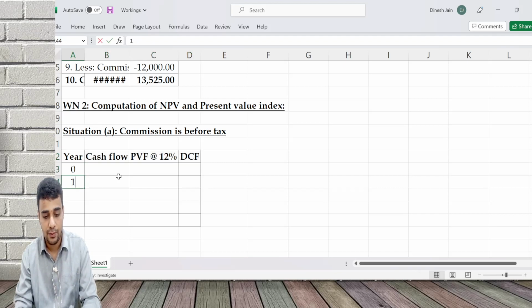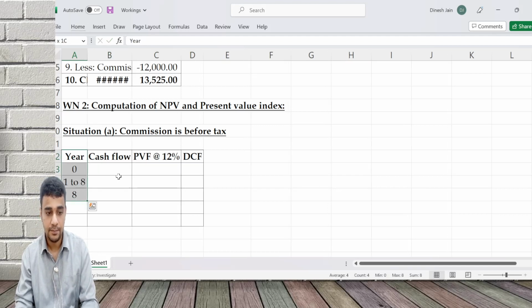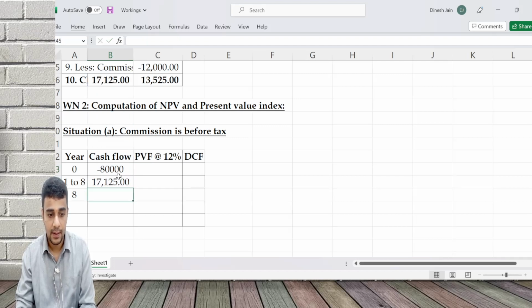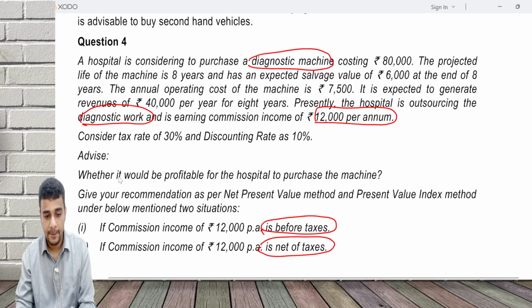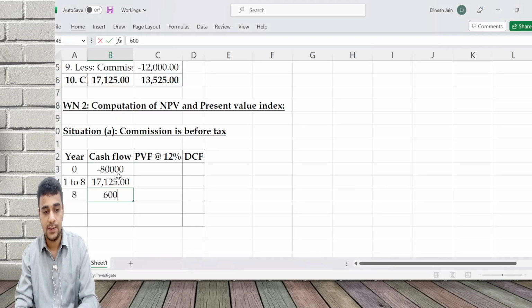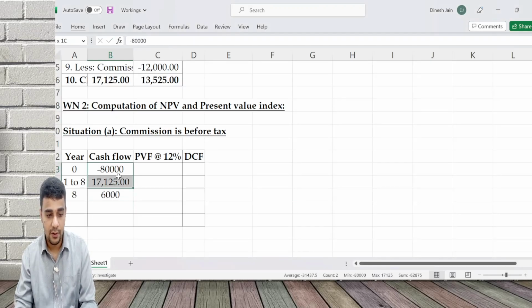So year 0, 1 to 8 and 8th year. Initial outflow 80,000. 1 to 8 is 17,125. At the end of 8th year, 6,000.